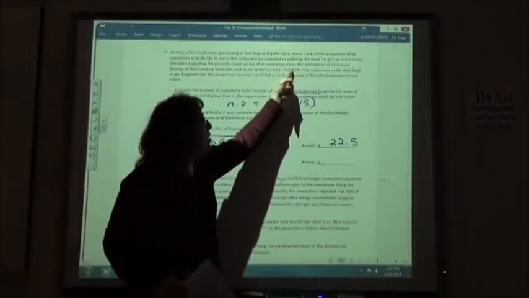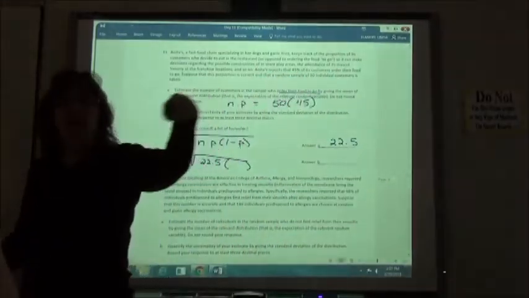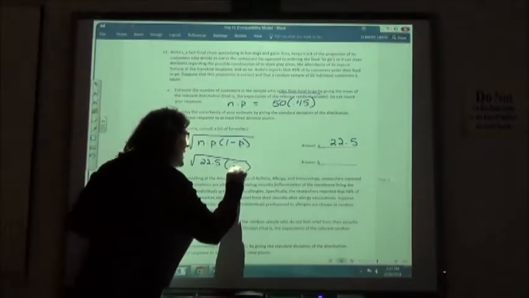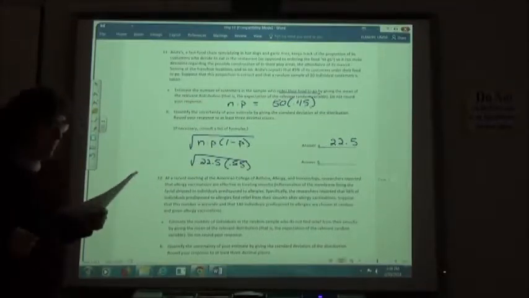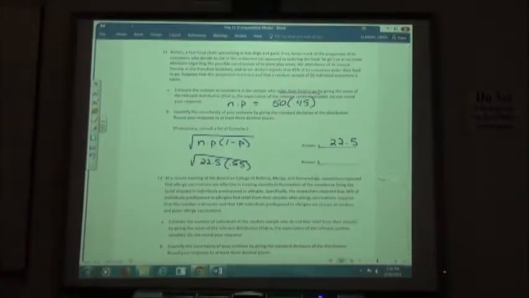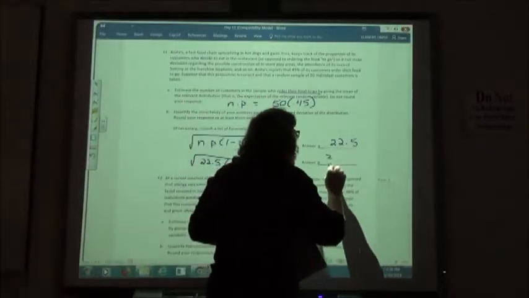If 45% ordered their food to go, how many didn't order it? 55, right, 0.55, exactly. 1 minus 0.45. 45 ordered to go, 55 did not order it to go. They stayed in store. And so, to 3 decimal places we get 3.518.